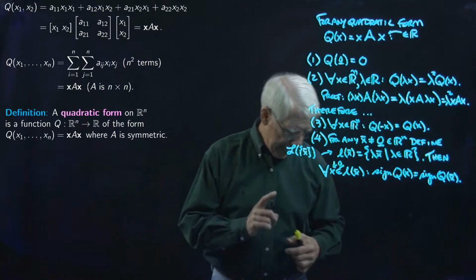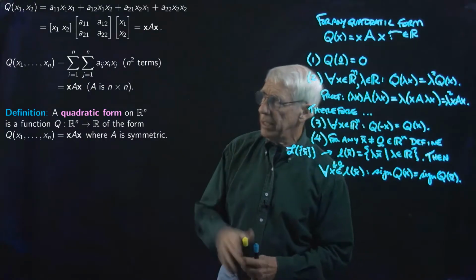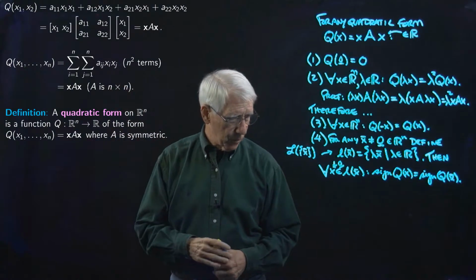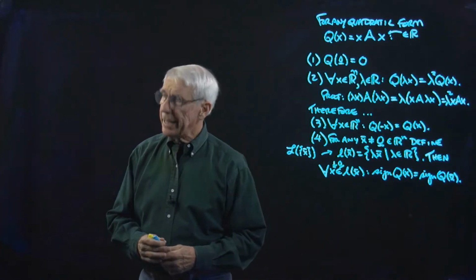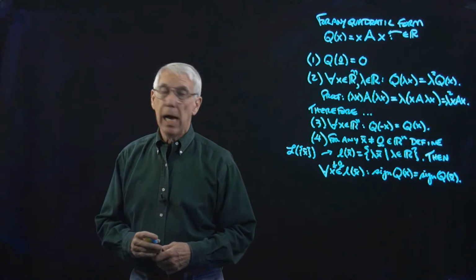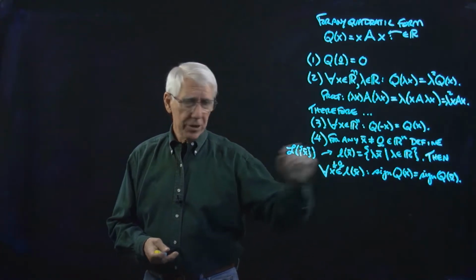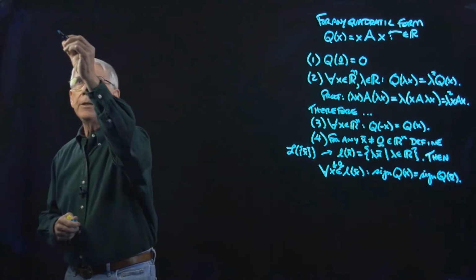So let's actually now look at an example. Let's take off our things over here, and let's look at an example in R2 and see how this works. Okay, so I'm going to draw the axes here.